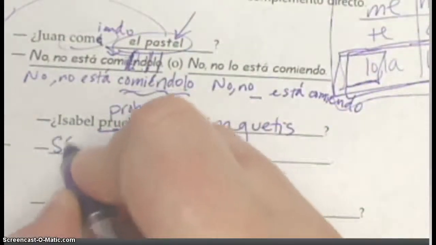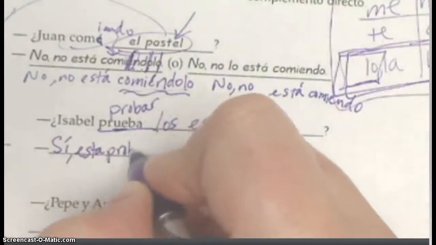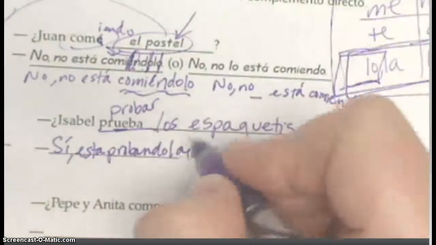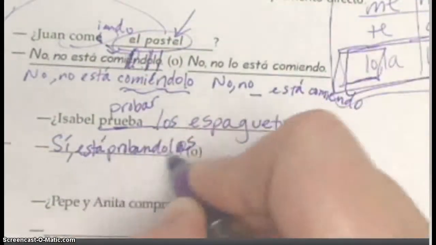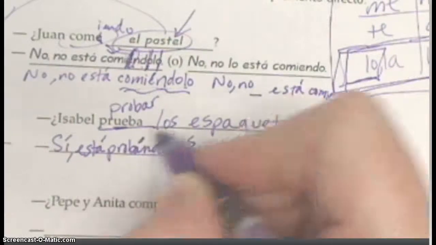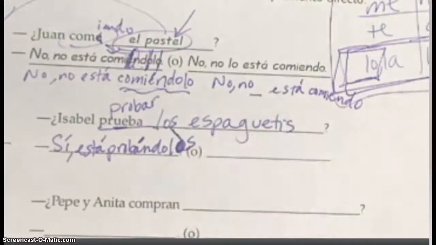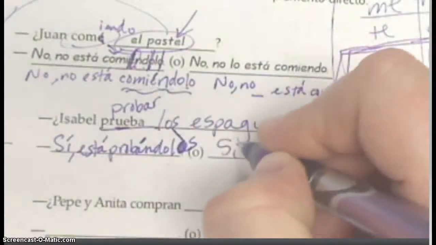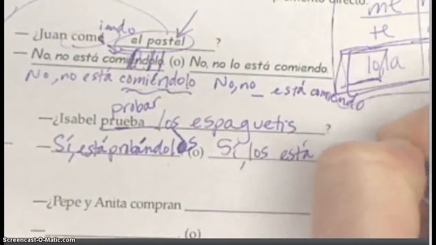So sí está probando los. So está needs an accent. Probándolos needs an accent right there. And it's los because it's los espaguetis. If you think that's extremely easy, then you're extremely right. So sí está probándolos, or sí los está probando.